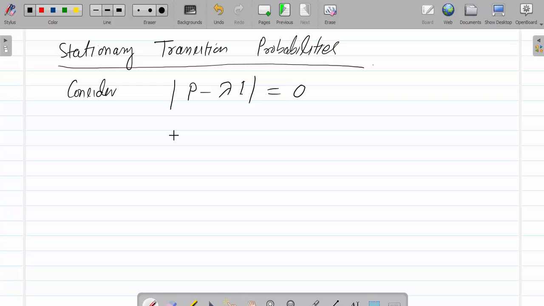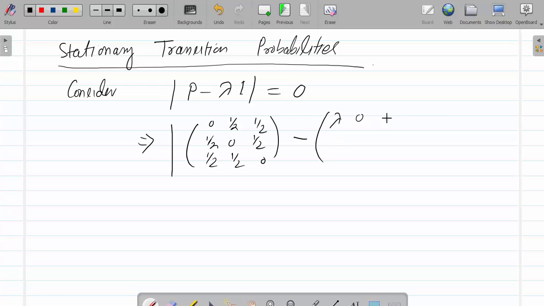So here we find the eigenvalues of P. So that implies the matrix P = [0 1/2 1/2; 1/2 0 1/2; 1/2 1/2 0] minus λ times the identity matrix with λ on the diagonal. This is equal to 0.